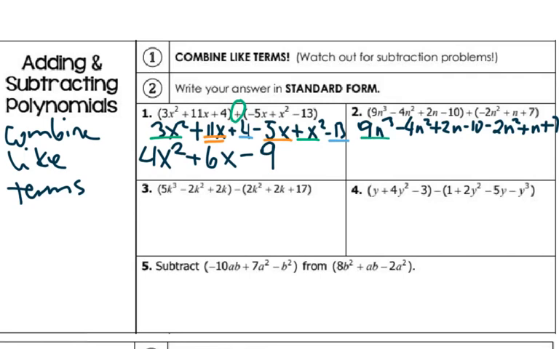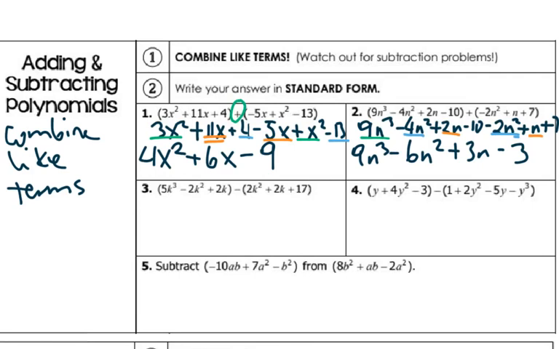The only term with exponent 3 is just 9n cubed. We have no other term to combine it with. Next we move to n squared. So we have negative 4 minus 2 gives me negative 6n squared. Then we have n, so 2n plus n is 3n, and negative 10 plus 7 is negative 3.